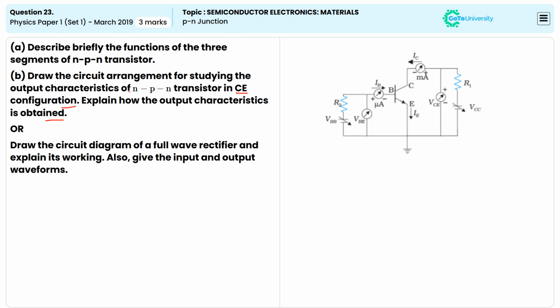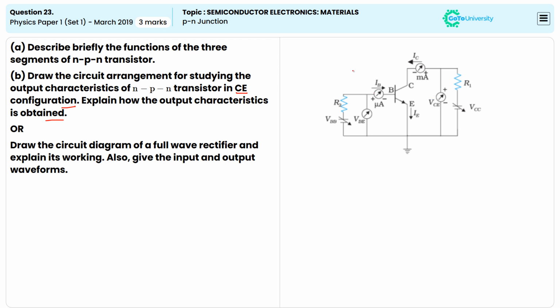Here, the IB current and VB are there. We need to study this condition by keeping VCE constant.